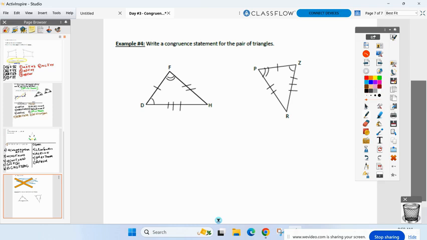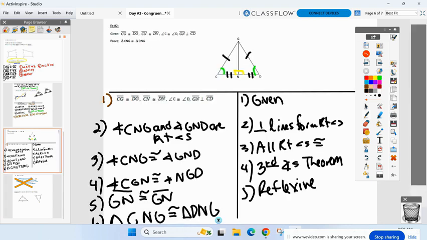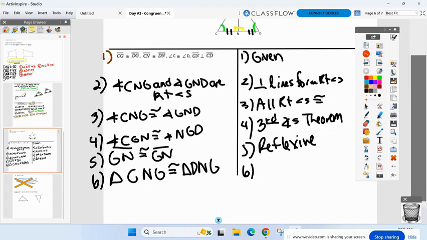Oh, sorry, I didn't write the reason, right? What is the reason? Definition of congruent polygons. Thank you, Mia. We'll change the reason on Monday, but for now, once you have all 6 pairs equal, definition of congruent polygons.